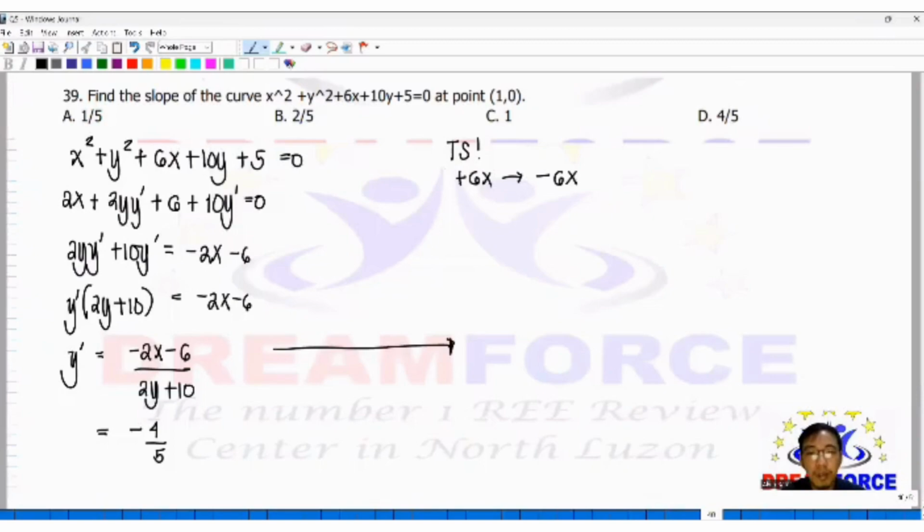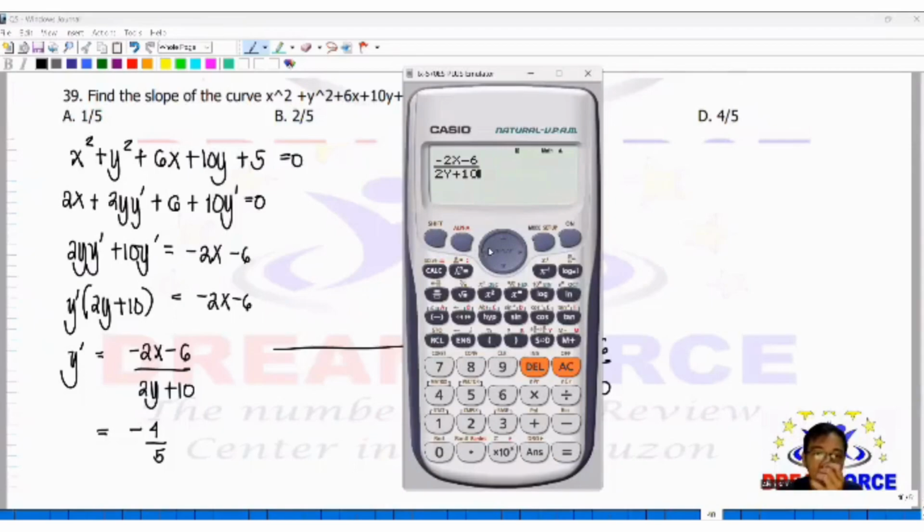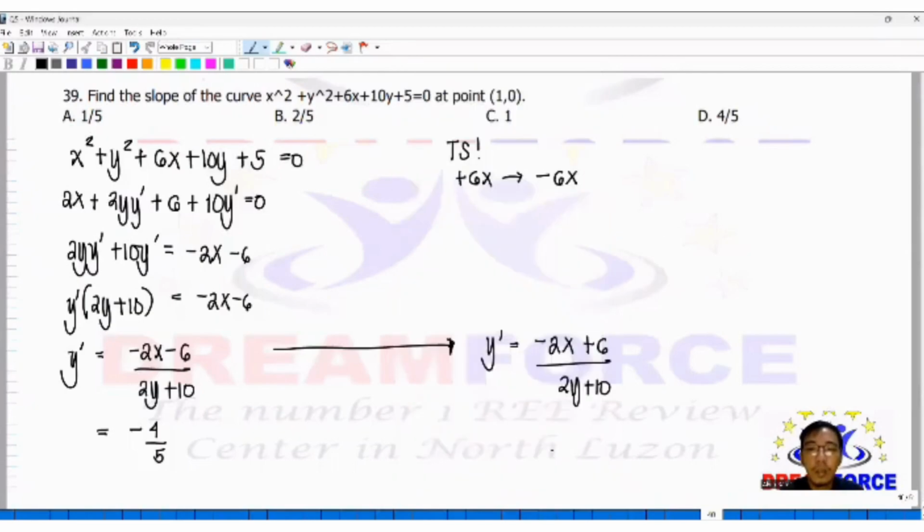Dito lang siya mag-iiba pag tin-troubleshoot. Bale, magiging y prime is equal to negative 2x plus 6 over 2y plus 10. So, papalitan ko lang to ng plus 6. Then, calc natin 1 at saka 0. So, may lumabas na 2/5. Based from the key answer, letter B daw yung sagot. So, yun yung susundan po natin.